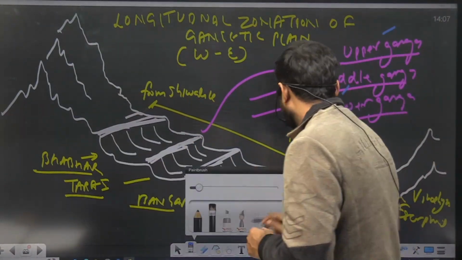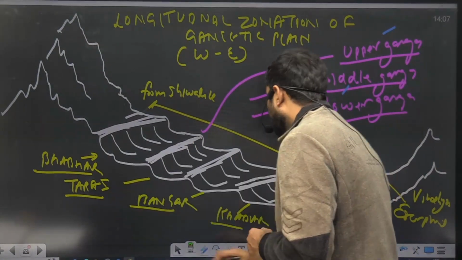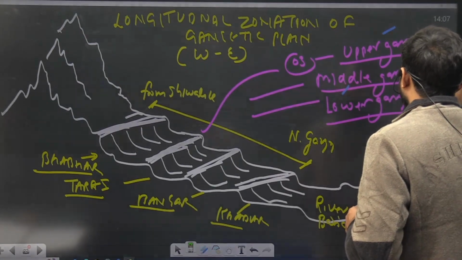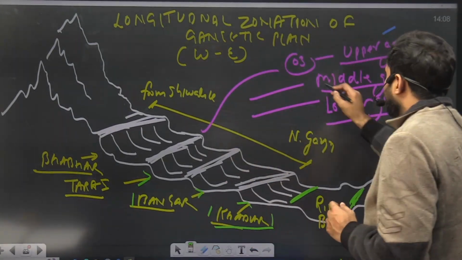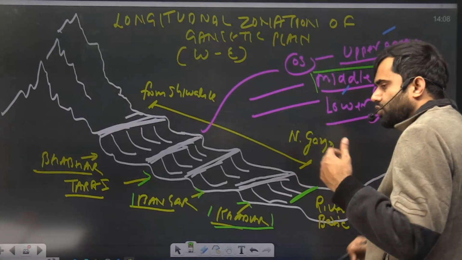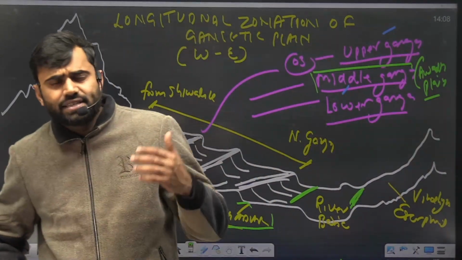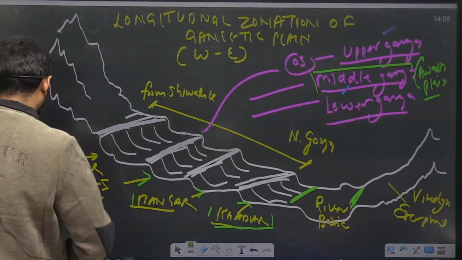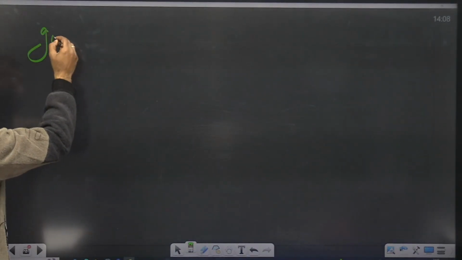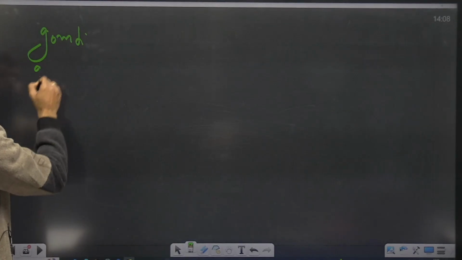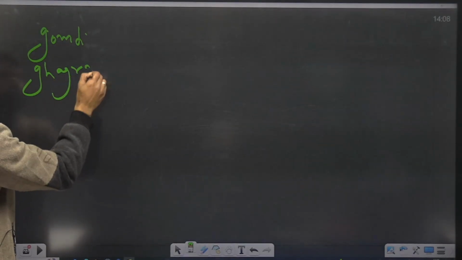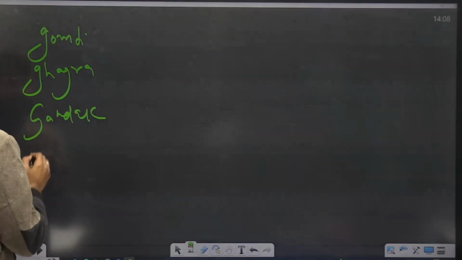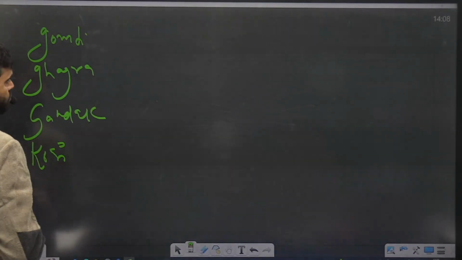When we talk about the middle part of the Ganga Plain area, we find that it is also known as the Awadh Plain area. And mainly the middle part, the Awadh Plain area, has a number of rivers like Gomti, Ghagra, Gandak, Kosi.